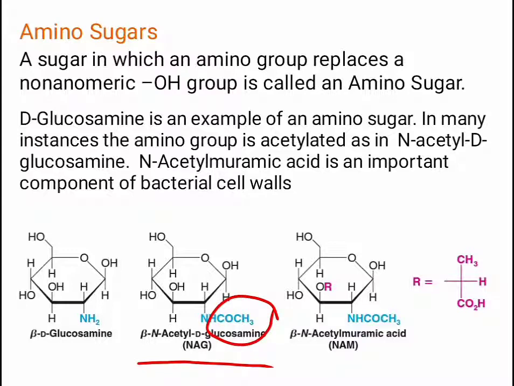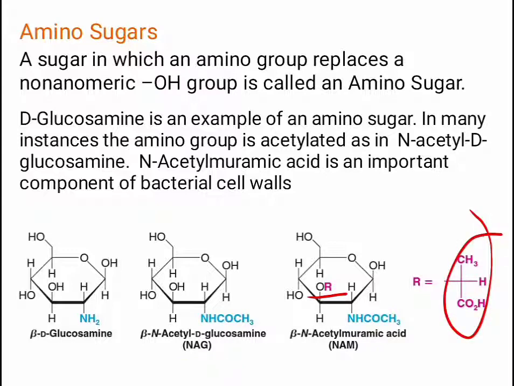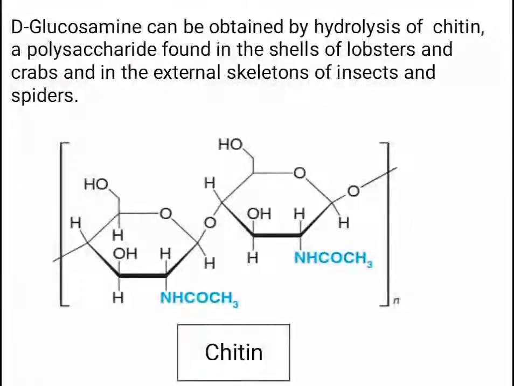N-acetylmuramic acid is an important component of bacterial cell walls. This is N-acetylmuramic acid, where this R group is this one. D-glucosamine can be obtained by hydrolysis of chitin, which is a polysaccharide found in the cells of lobsters and crabs, and in the external skeletons of insects and spiders.